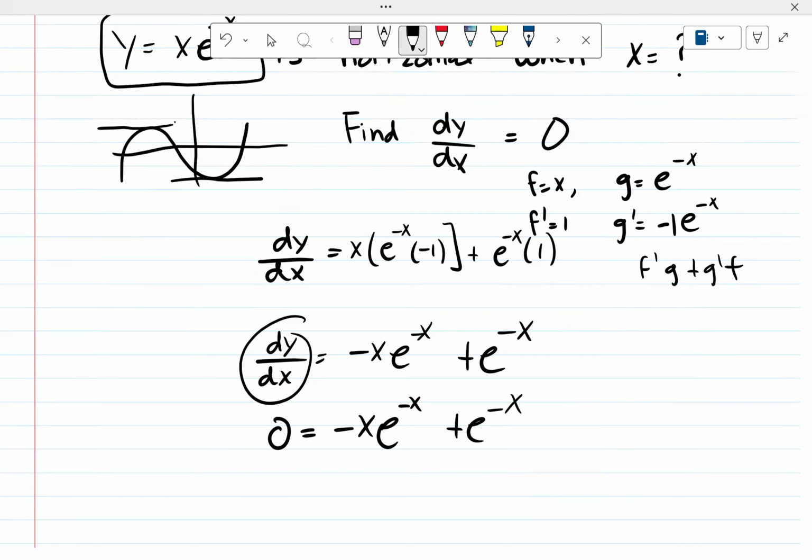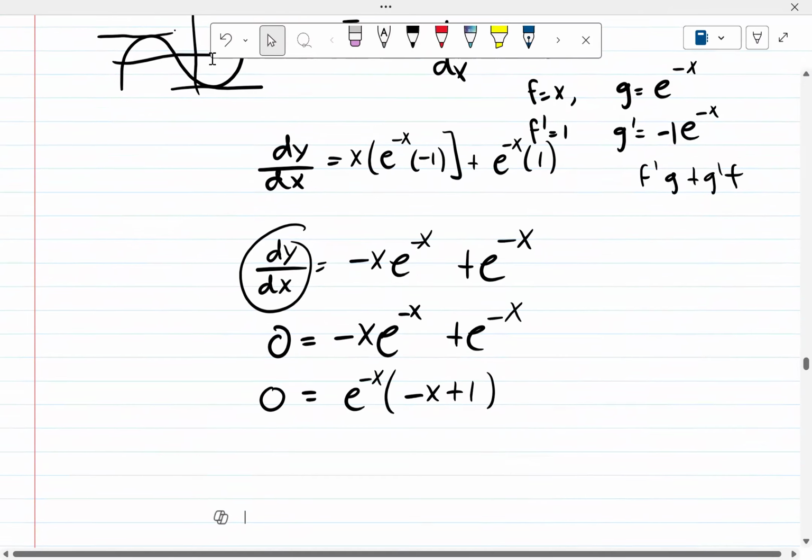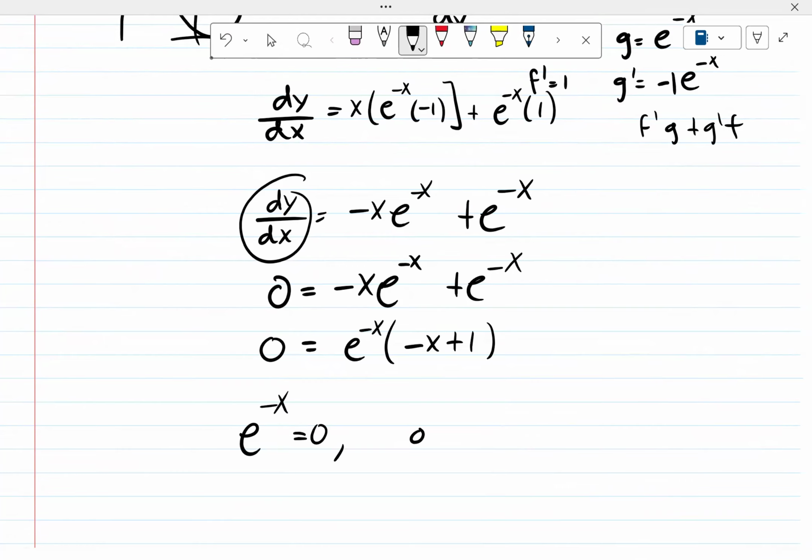So over here, I noticed that they both have an e to the negative x, so you can factor that out, and you get e to the negative x times negative x plus 1 equals 0. Then you can set each factor to 0. You could say e to the negative x equals 0, and you could also say negative x plus 1 equals 0, right?